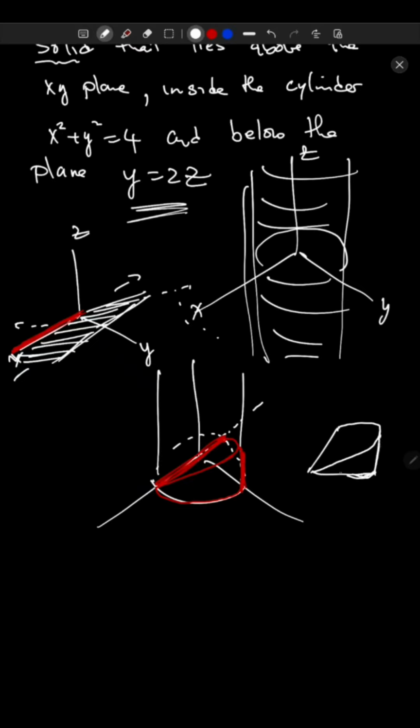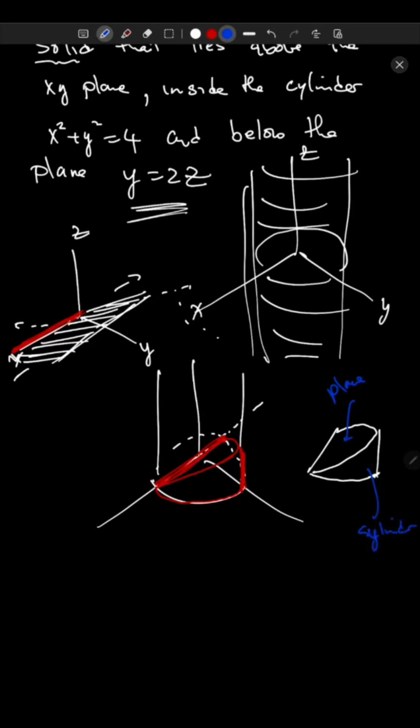All right. Let me fix that a little bit. And let me fix this. Okay. So in this picture, this is our plane, right? y equals 2z. And this side here is our cylinder.